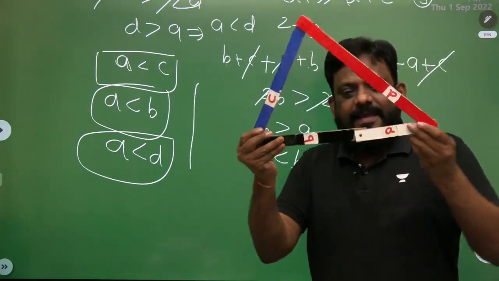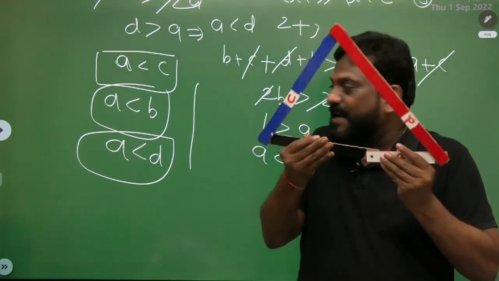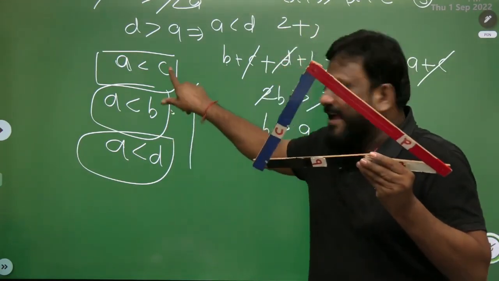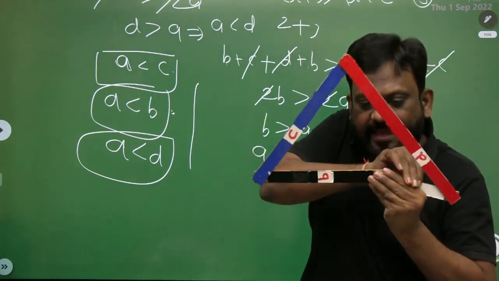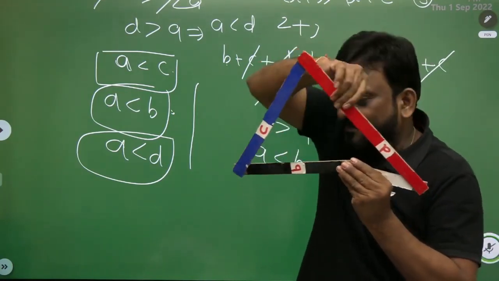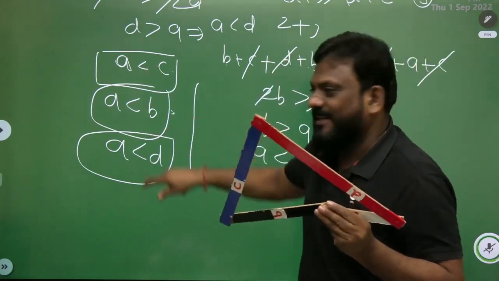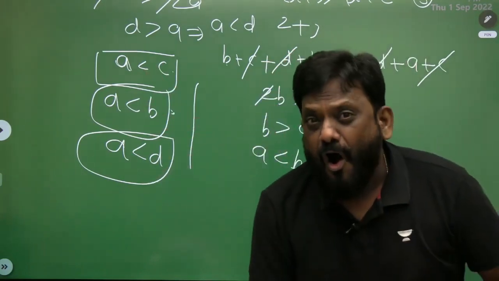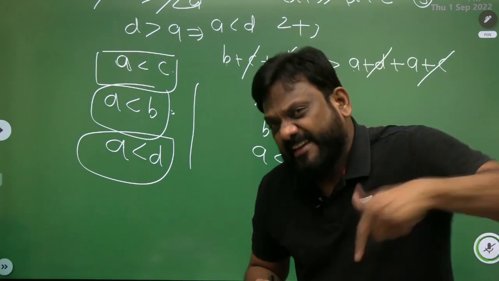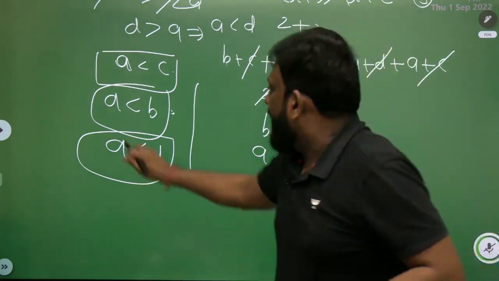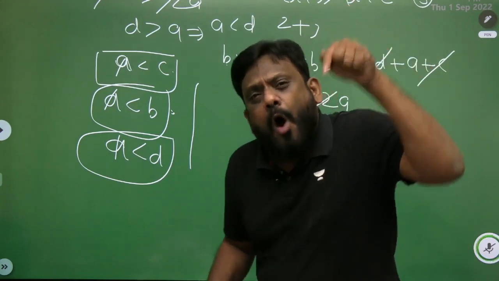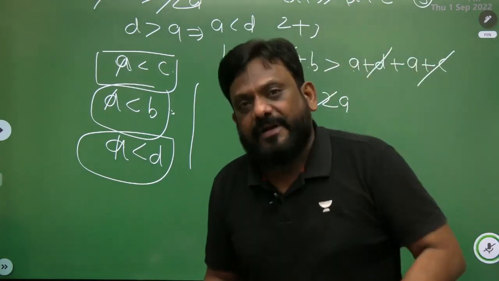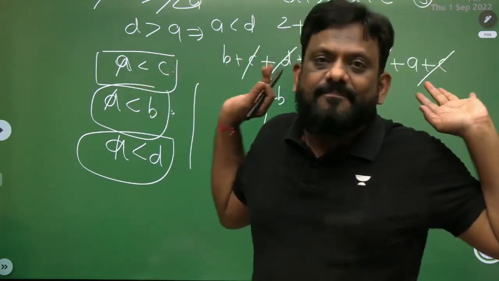Look, A is less than B. A is less than C. A is less than D. Out of 4 links, which link is rotating? The shortest link. A is less. It means if you want one link to rotate completely, it is the shortest link.